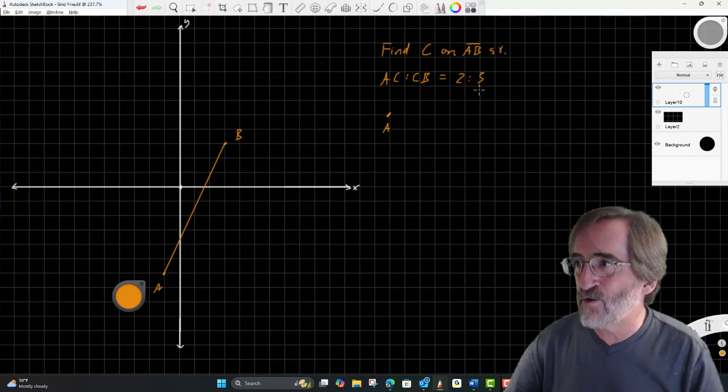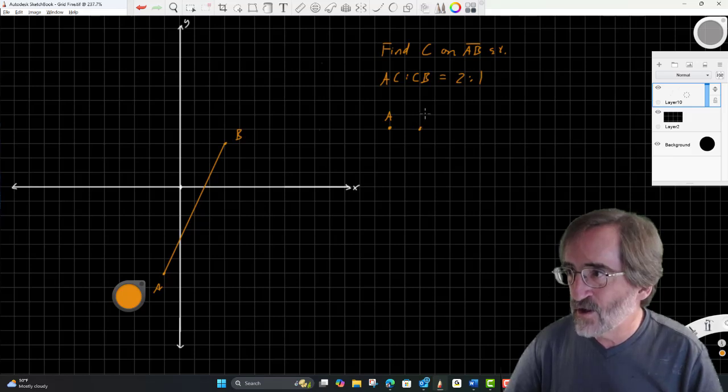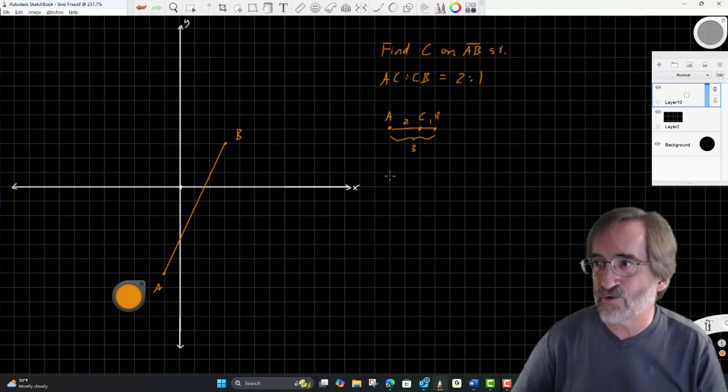Actually, I want it to be 2 to 1. 2 to 3 won't work. 2 to 1. The distance from A to C is going to be 2 parts, and from C to B is 1 part. So that means the total is 3. 2 parts to 1 part, total of 3.